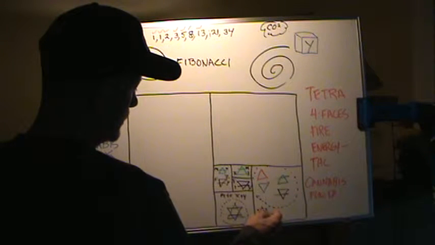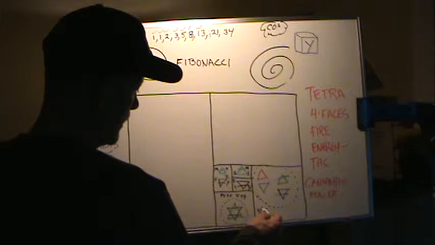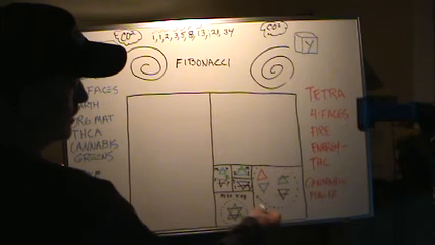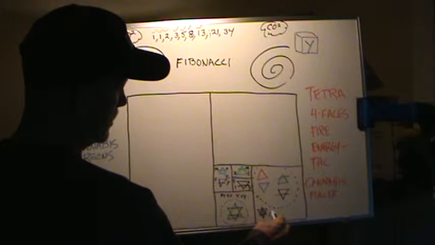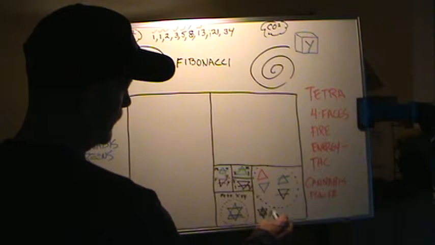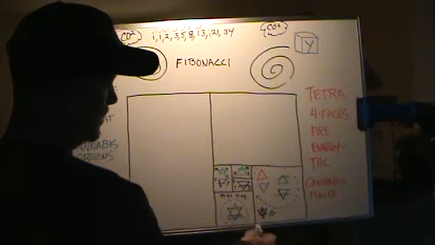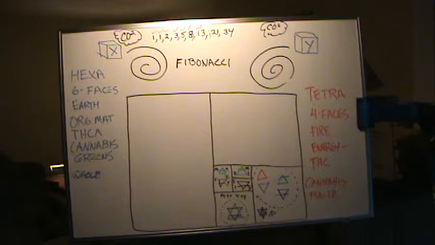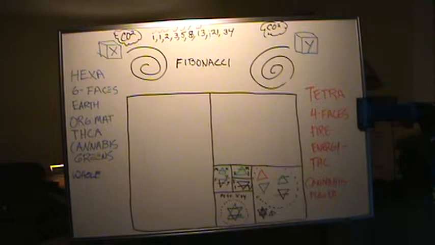And this also then has this point. So because this is dimensional, four-sided plus four-sided becomes a 7 axes, 8-point star tetrahedron, and that's what this is right here.